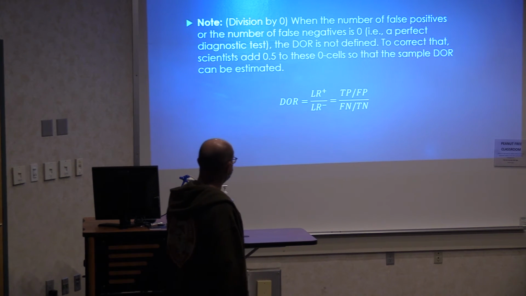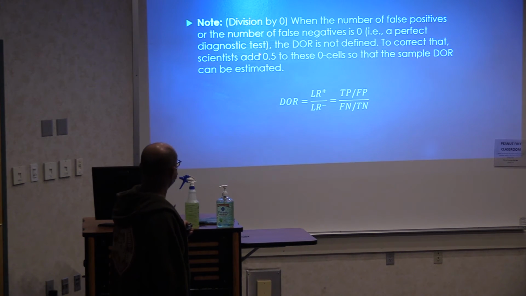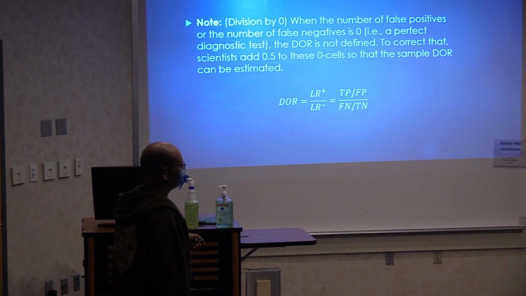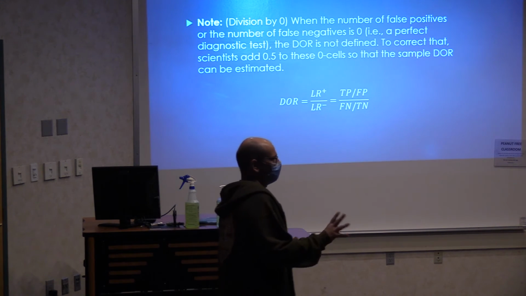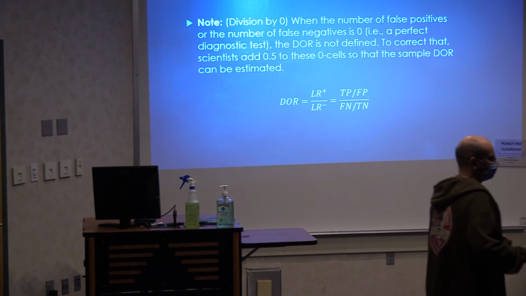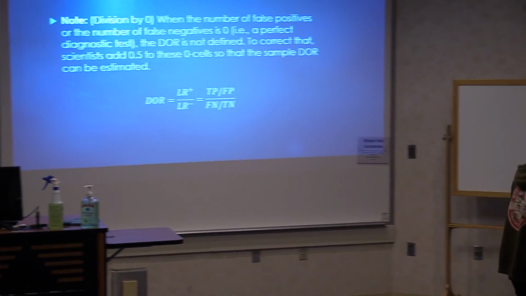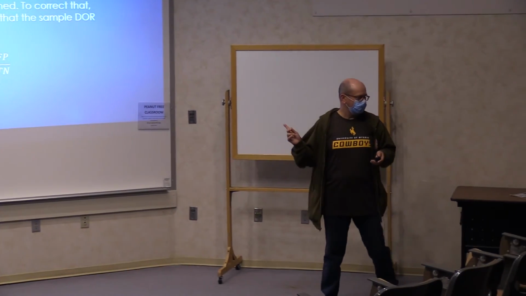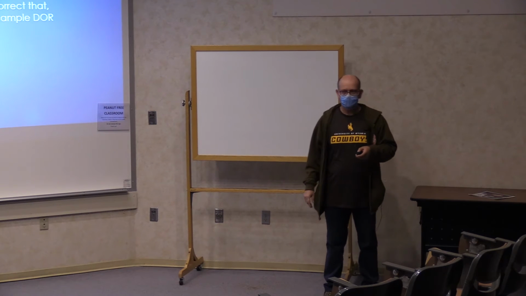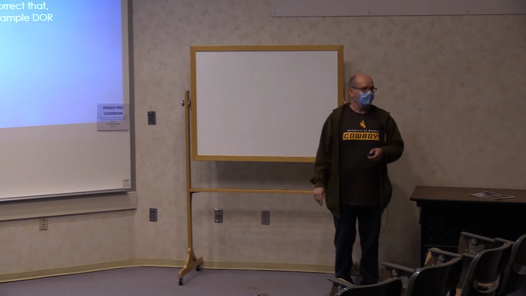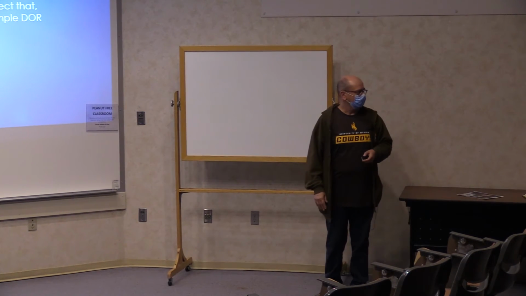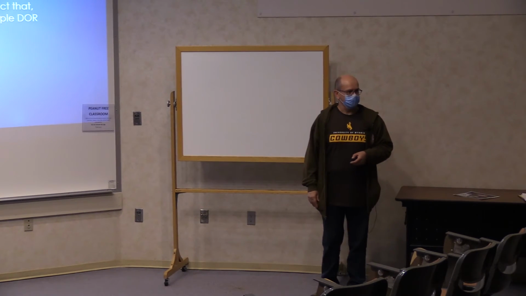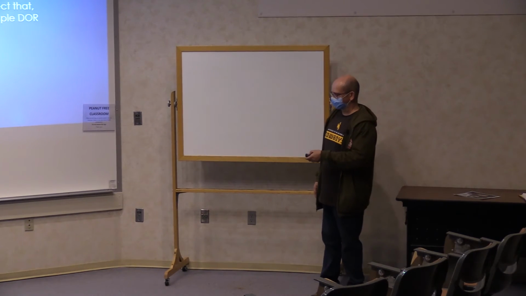Then we can use a correction factor. In order to avoid 0, people just put 0.5 in those 0 cells so that you can still get the DOR if you need that. But that rarely happens, so we don't need to be worried about that. Just an interesting mathematical point here: watch out for the zeros in those cells.